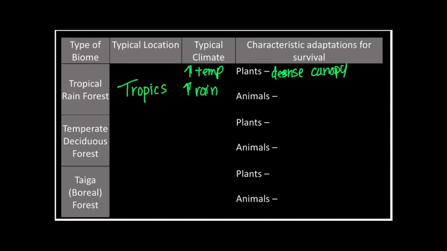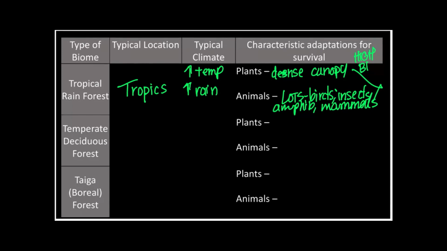And it's going to have lots of birds, insects, amphibians, mammals, and it has high biodiversity. Remember when we talked about biodiversity, that is the variety.